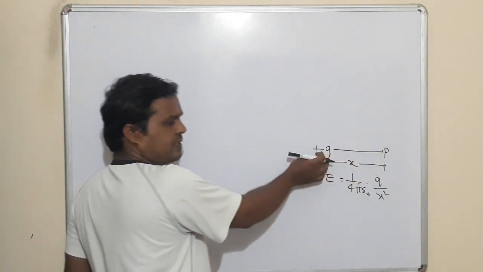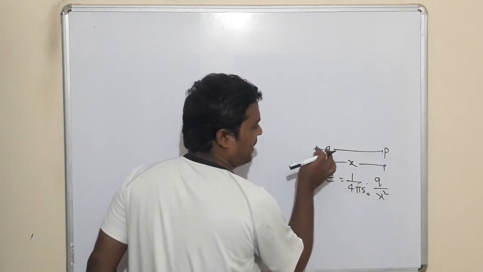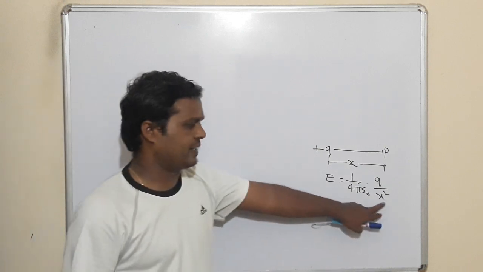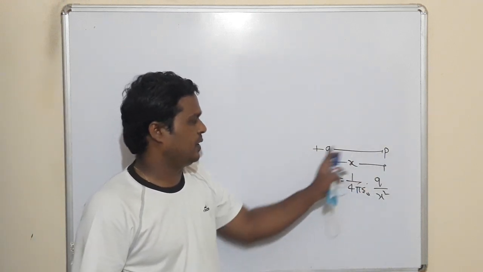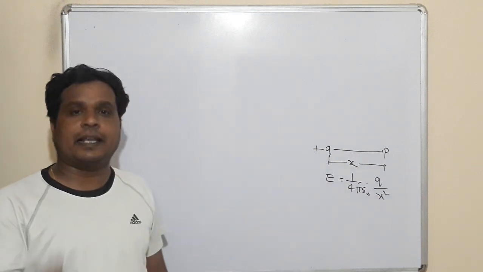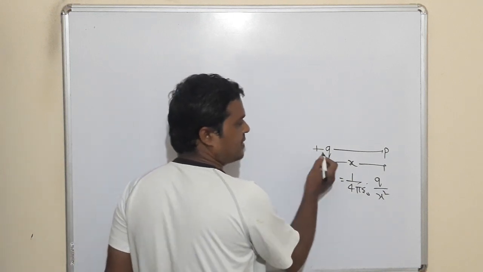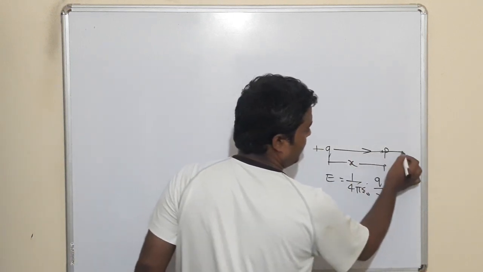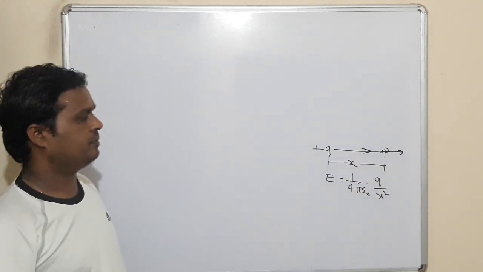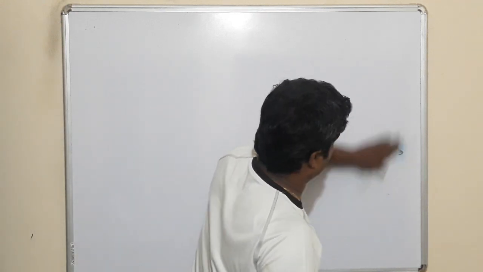From this point to this charge, what is the distance? That you have to square. Whatever may be the distance between charge and point, square of that distance you have to take. What about the direction of electric field? I told direction of electric field is, if it is plus, then it will be away from the charge like this. If it is minus, then it is towards the charge. That we remember in the last video, in the electric field part 1, I explained this.